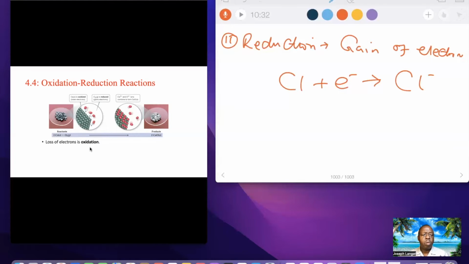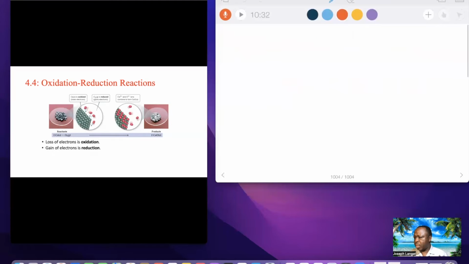So here, you should know the definition of oxidation, loss of electrons, and reduction is gain of electrons. I've seen some texts using this acronym, OIL RIG, all right?